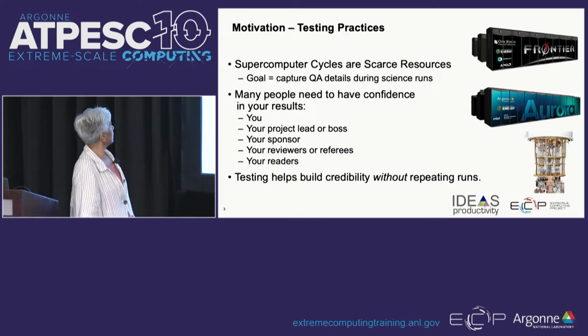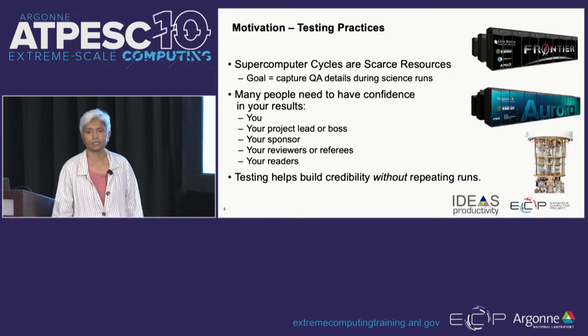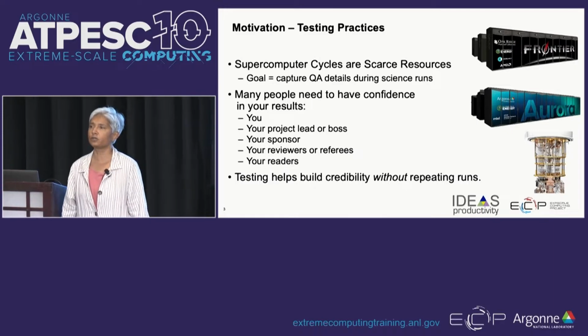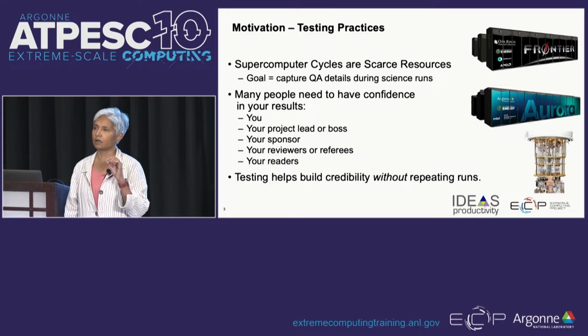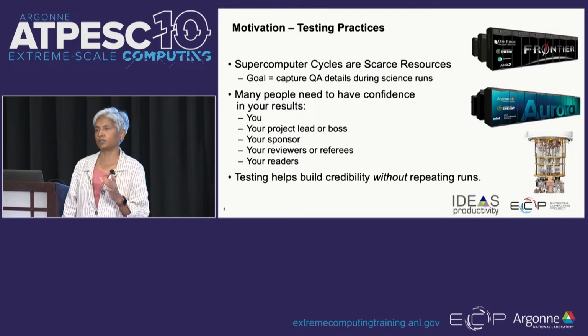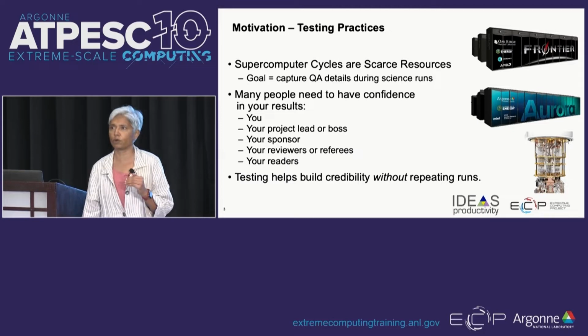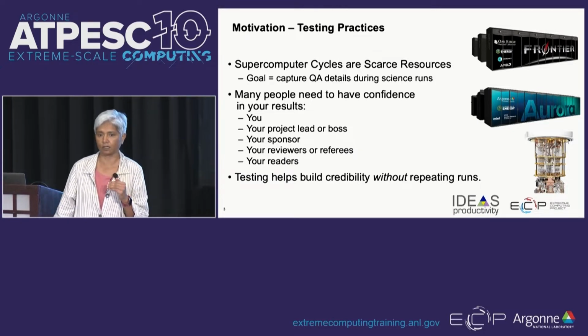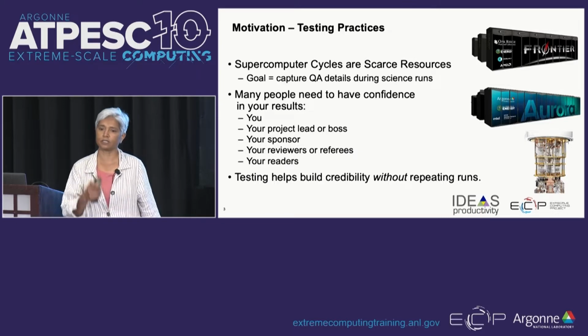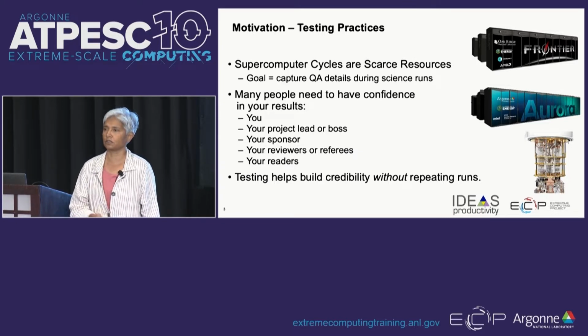But with testing practices, you want to not just make sure that your code is running correctly, but that when you're using it to do science, you want to capture other information about it that assures you about the quality of the results that you're generating, because there are all these stakeholders that need to have confidence in your results. First of all, you yourself, because you're writing a paper.